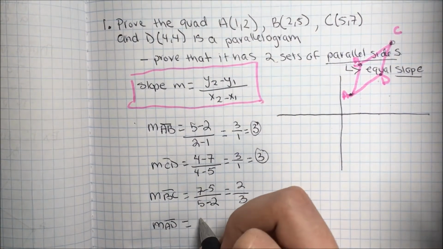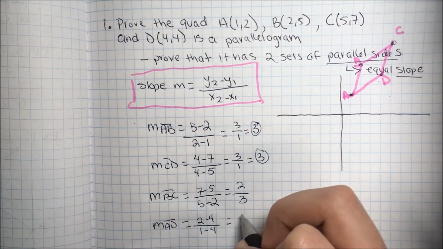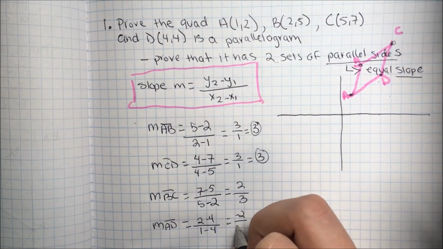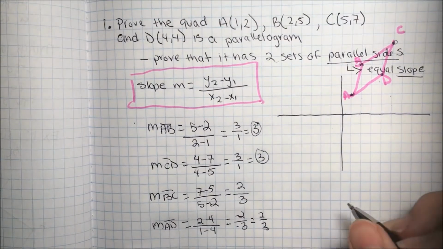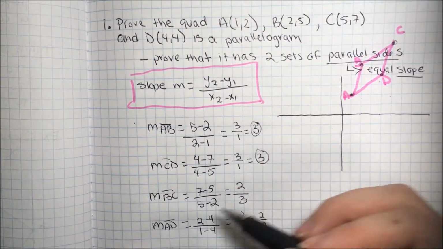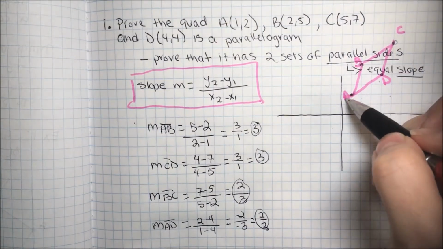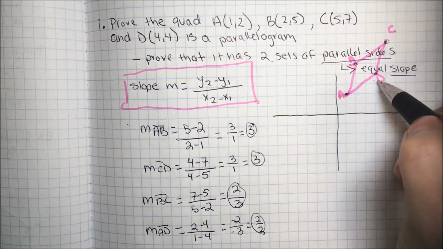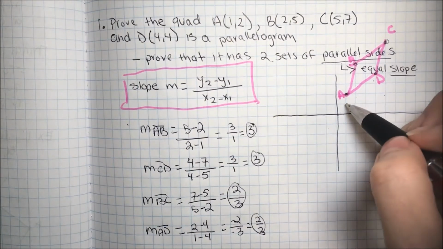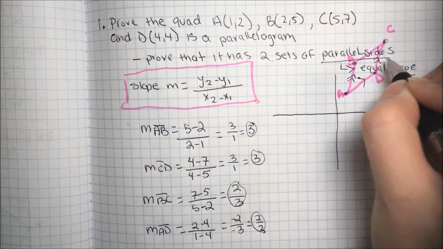So we have 2 minus 4 over 1 minus 4, which gives us a negative 2 over negative 3, which is 2 over 3. So we see that BC and AD have the same slope, so this means that they're also parallel. So we proved that AB is parallel to CD and BC is parallel to AD.